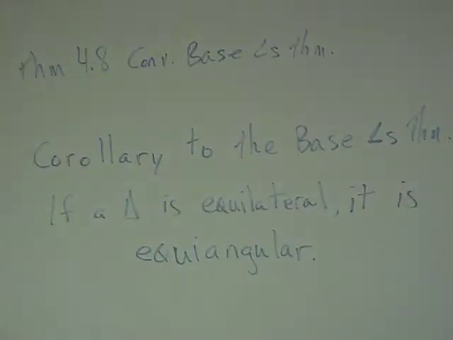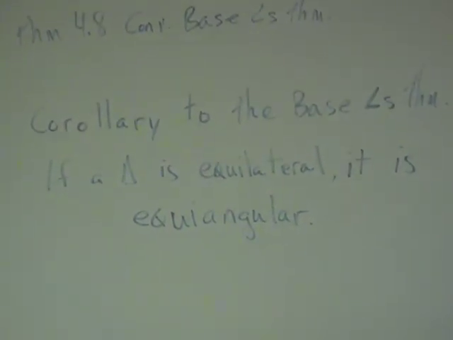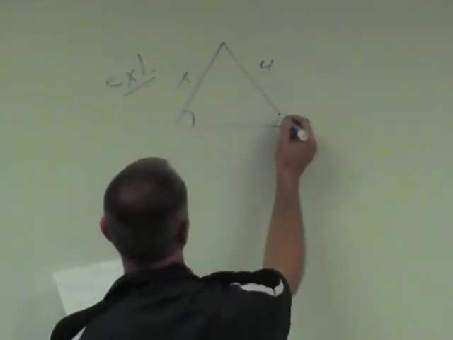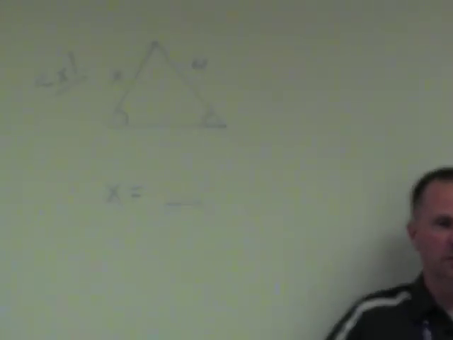Example 1. Here's your triangle. This is a generic triangle. I'm not necessarily saying anything about it. What do you think x equals? 4. Good.